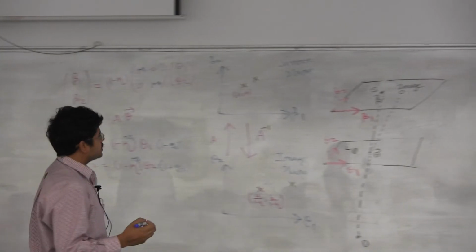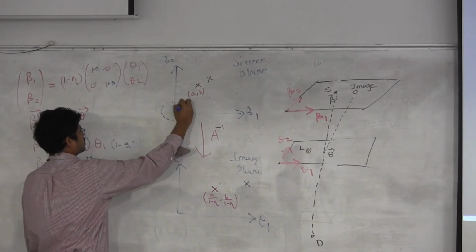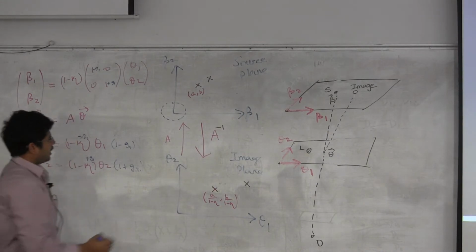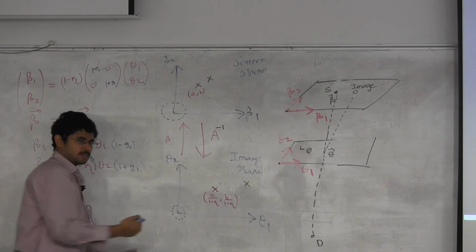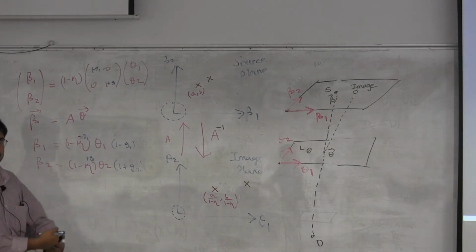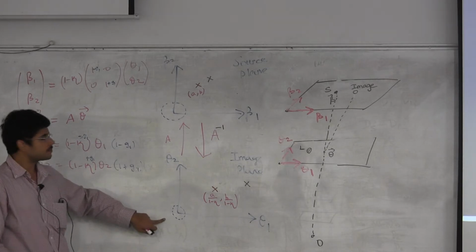So what happens is, if you have a circular source here, it can become a smaller circular source here because it has been contracted or expanded. So the size changes, but a circle remains a circle.